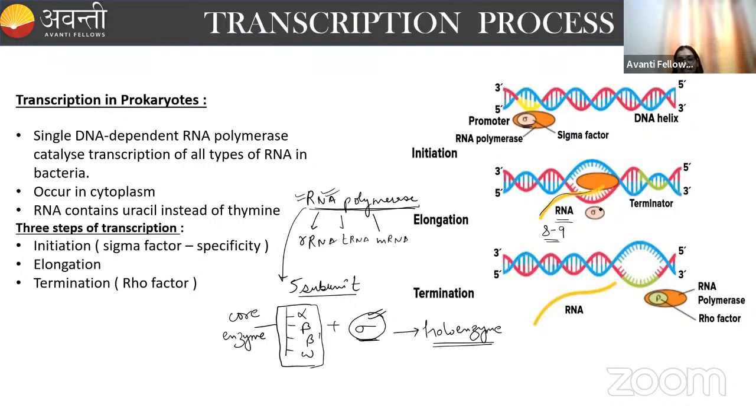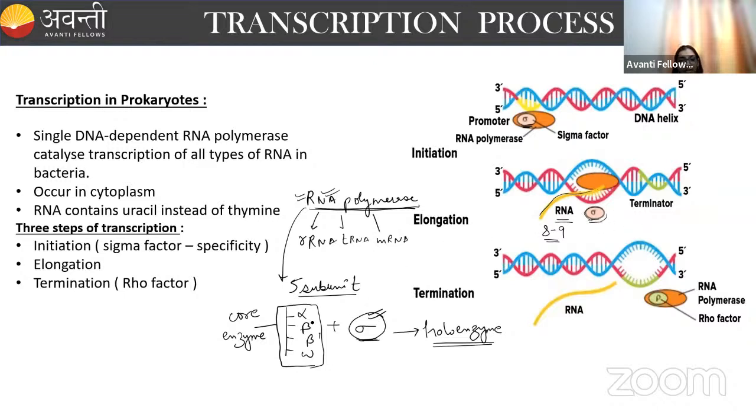Then the sigma factor gets released, because its role is over. The role of the sigma factor is just to recognize the location of the promoter so that the RNA polymerase can bind. Once that is completed, the sigma factor is released.